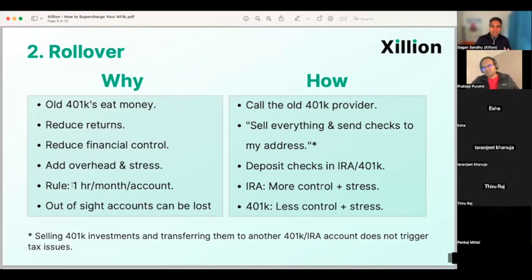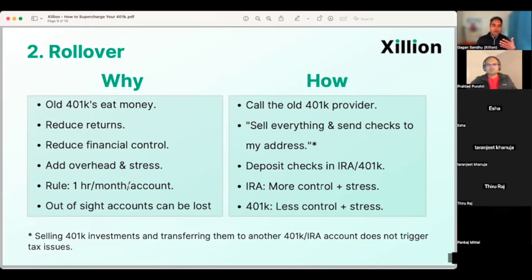What I mean by that is, my rule of thumb is if you have an account with any bank, whether it's 401k or savings or checking, you need about an hour a month per account to really tend to it. That includes when they send you a statement or an email. When you add all that up, it's about an hour a month.